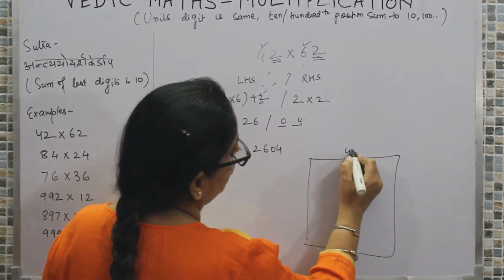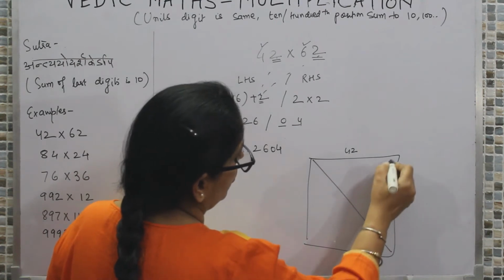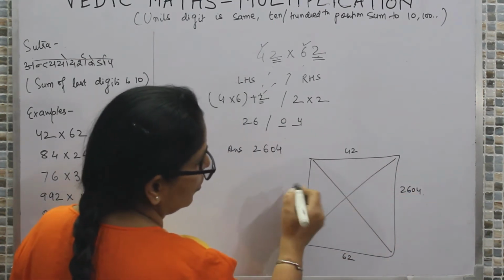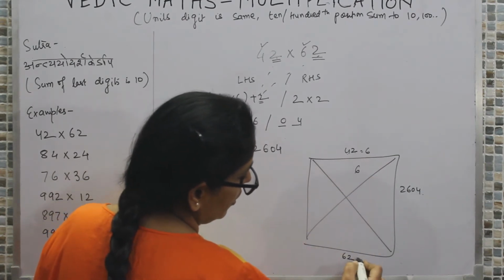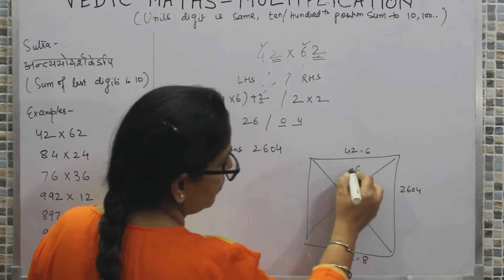Let's verify it. We have 42 and 62, and the answer 2604. The digital sum of 42 is 4 plus 2, that is 6, and of 62 is 6 plus 2, that is 8.